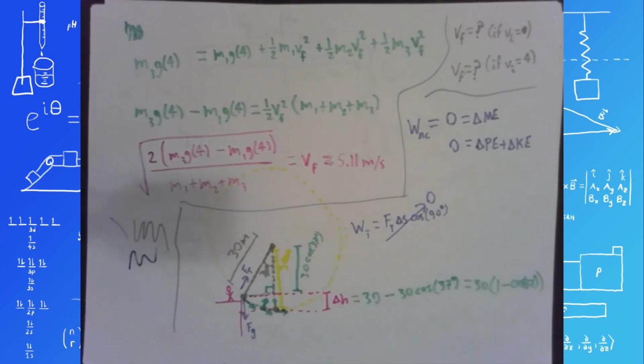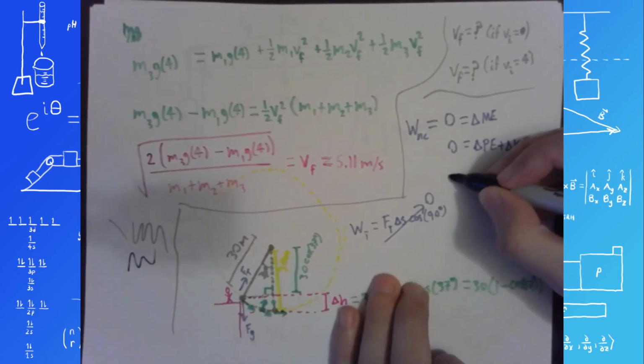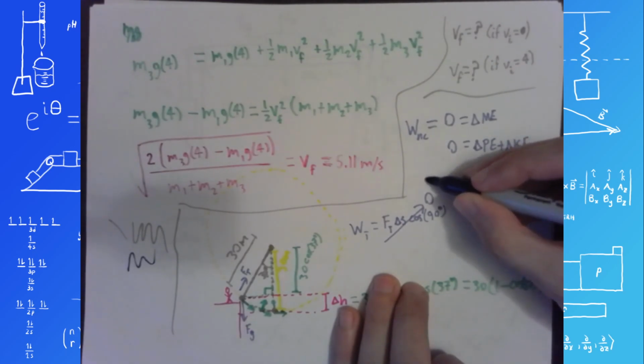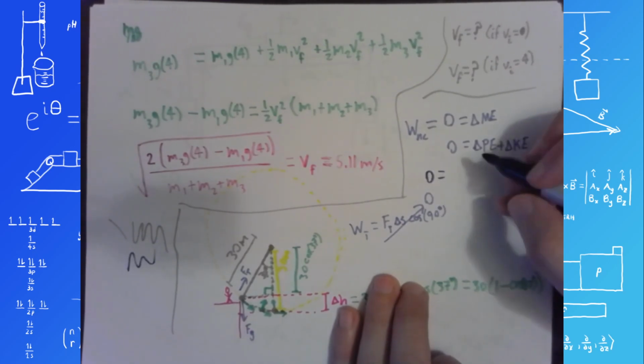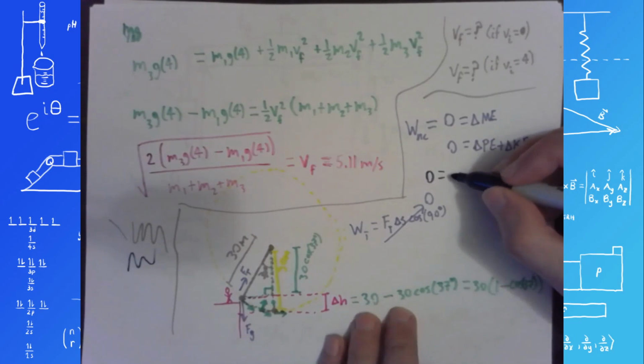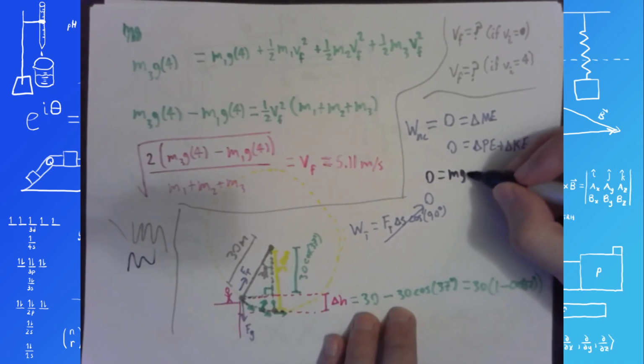Let's see. Switch colors. Let's do navy blue. So 0 equals the change in potential energy, which is mg times the change in height.